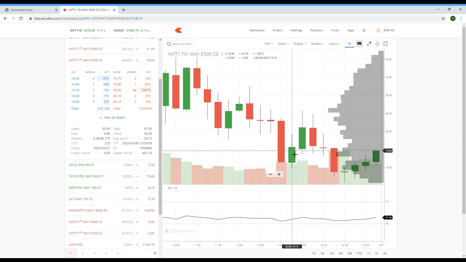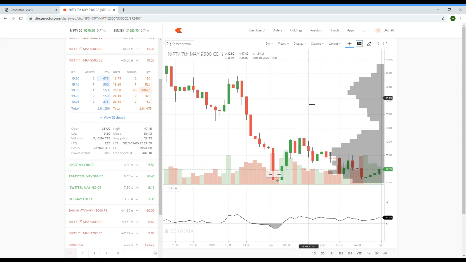Initiation is in this bar, which is 1:16, and exiting at 1:40 p.m. That's about a 24-minute trade, while the money was doubled in just this period, guys. What I was expecting was for this to reach the level of around 38 to 45 rupees, approximately.